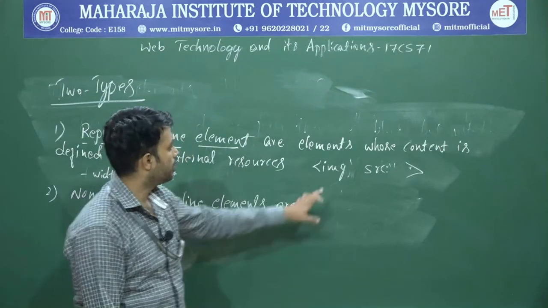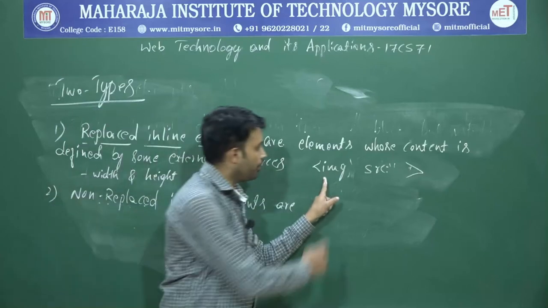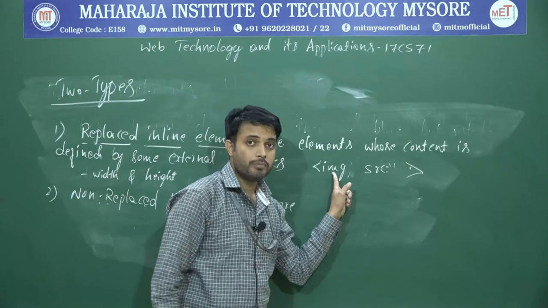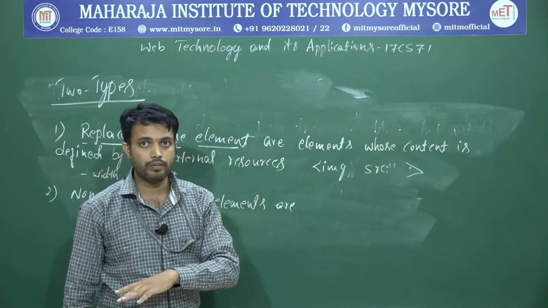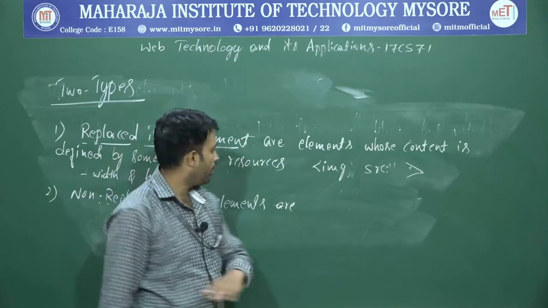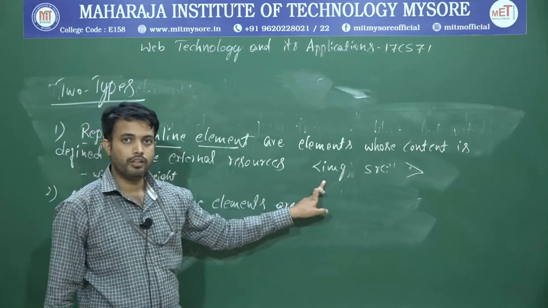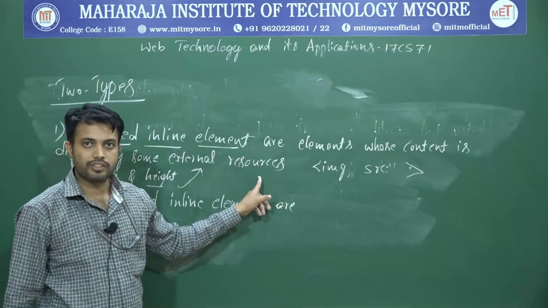This is an example of a replaced inline element. Wherever you are using this image tag, it has been replaced by the actual image, which is located somewhere else and is not a part of the HTML document. And the width and height of that image will be defined in an external resource itself.